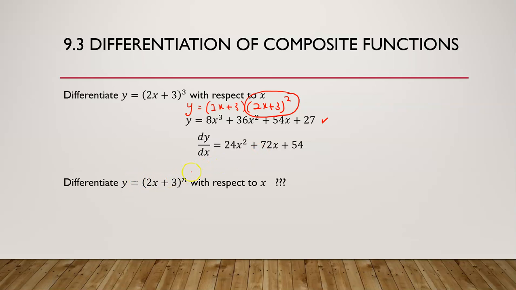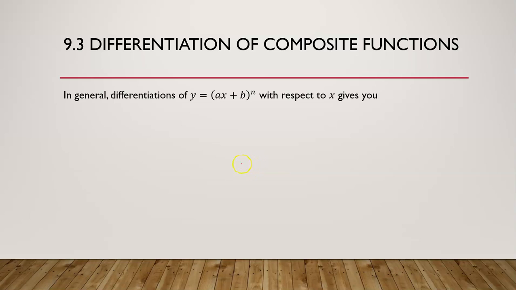But what if I ask you to differentiate with respect to n? Maybe n is equal to 10 or 100 or 1000. Are you going to expand the whole bracket first? Okay, so in this subtopic, we will have this equation y equals (ax plus b) power of n.